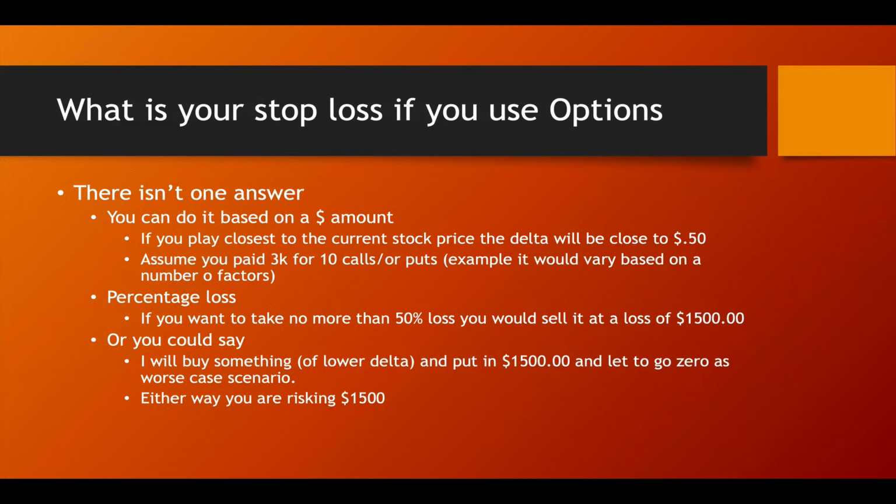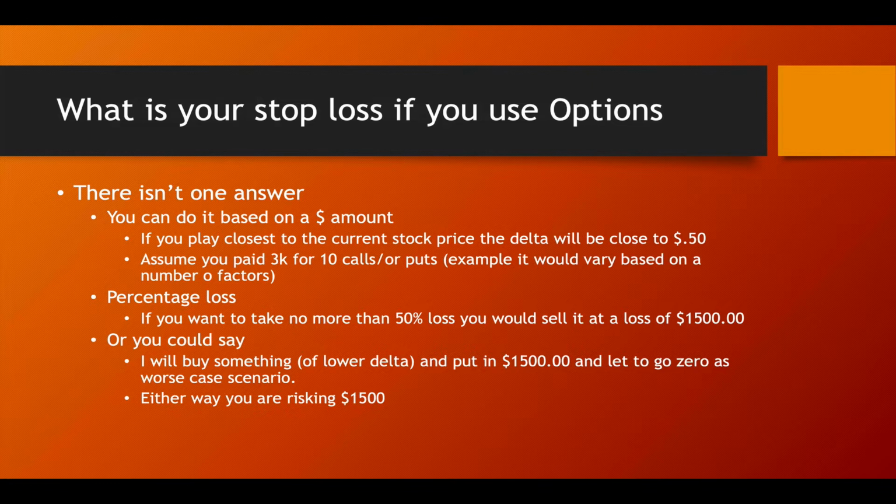But just for discussion purposes, let's assume you put in $3,000 for 10 calls, and you say, well, I'm willing to take a 50% stop loss on this. That's the max I'm willing to lose. So in this case, you would say, all right, if I lose $1,500 out of this trade, I'm out.